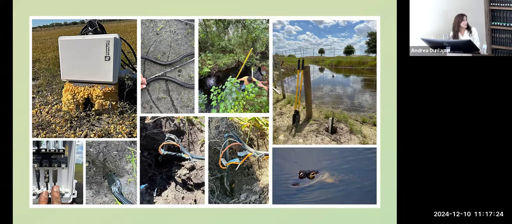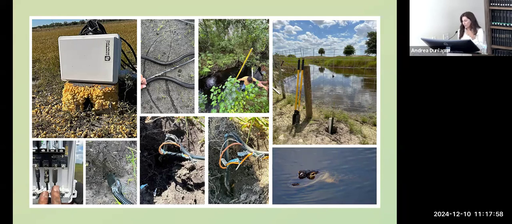Here I tried to capture some of the challenges we experienced during this time, from falling in the stream, to going there and finding that our instrument is missing. We witnessed a gator there the same day. Also, animals always find their way into our instrumentation box, finding coziness there with the data logger.